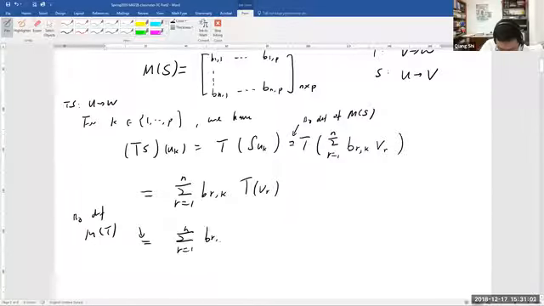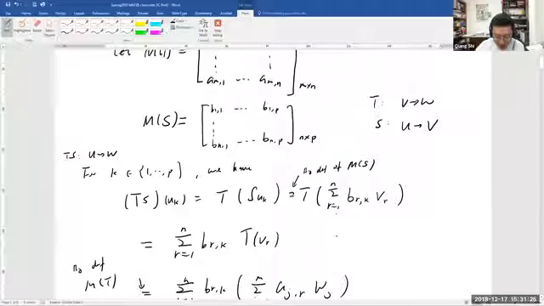So you have B_{R,K} here, and then this T of V_R is the sum over J from 1 to M of the numbers in M(T), which are A_{J,R}, the R-th column here, times W sub J, so the J changes.